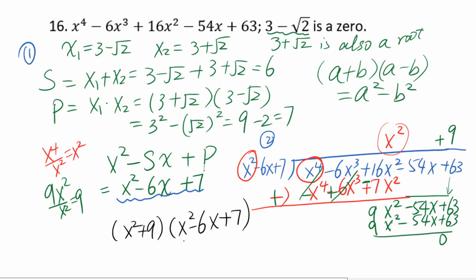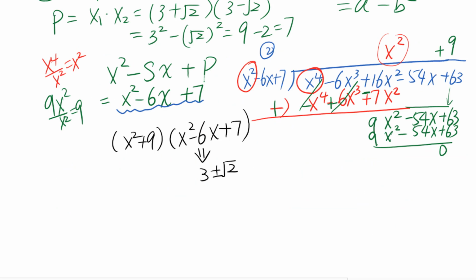For the roots, we already know for x squared minus 6x plus 7, the roots are 3 plus and minus square root of 2. We need to figure out the roots from x squared plus 9. For x squared plus 9, we set it equal to 0. This is a power equation. Isolate: x squared equals negative 9.